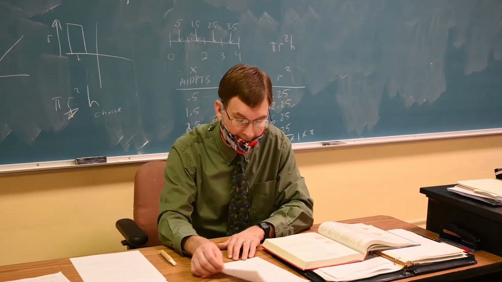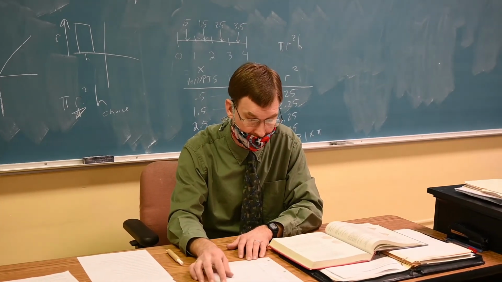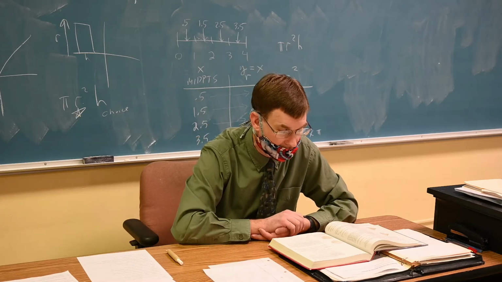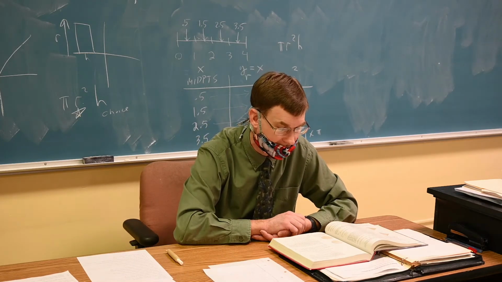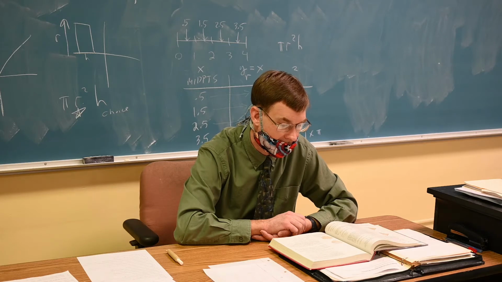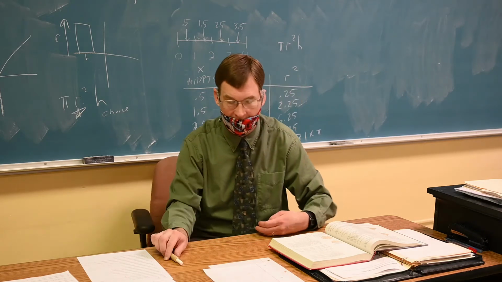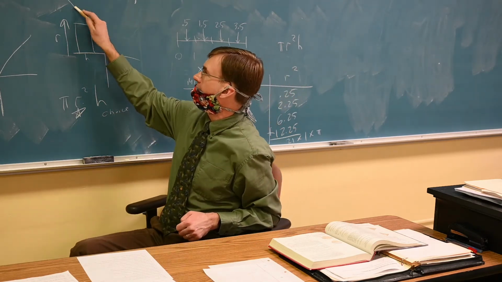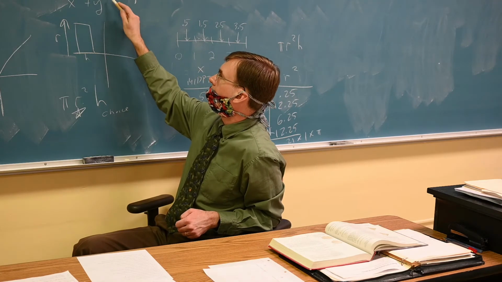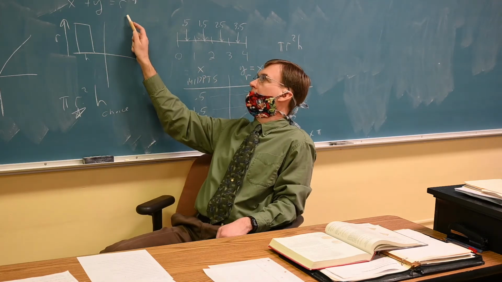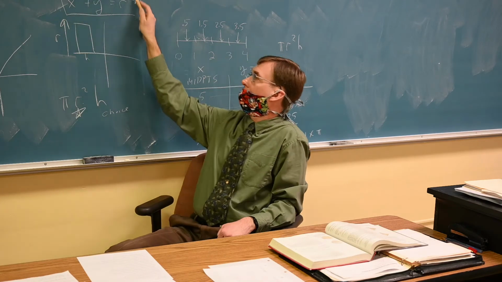So example 4, I only have partially filled in on this notes paper. I gave you the equation, y equals the square root of 16 minus x squared. I don't think they make you come up with these equations yourself, but in chapter 1, we learned that this was the equation for a circle.